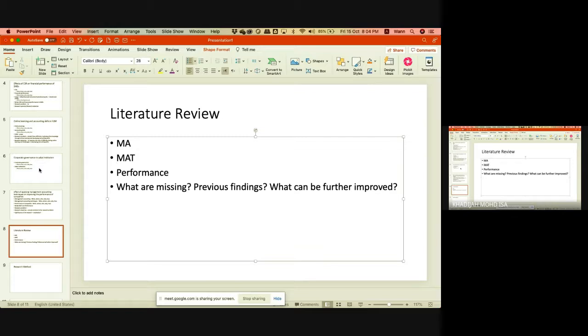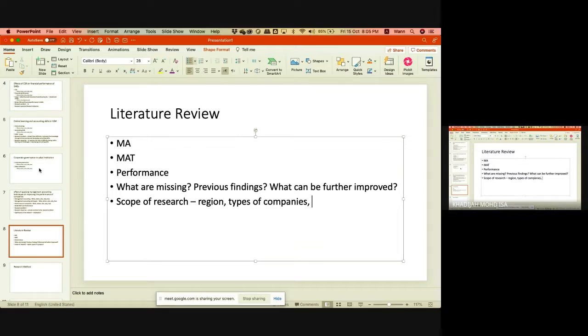So that's why the scope of your research will also depend on the literature review. Scope could be region, types of companies, or group of companies.